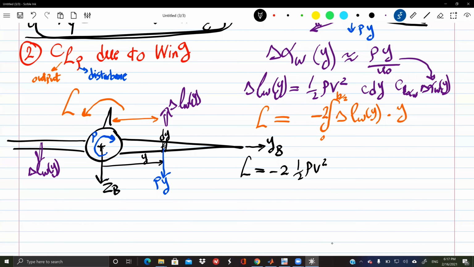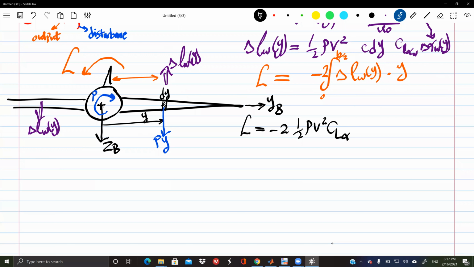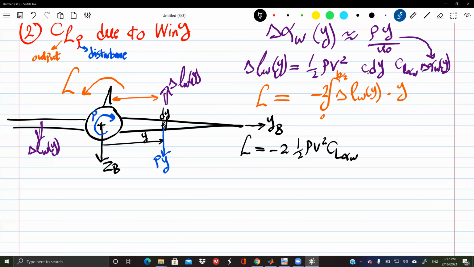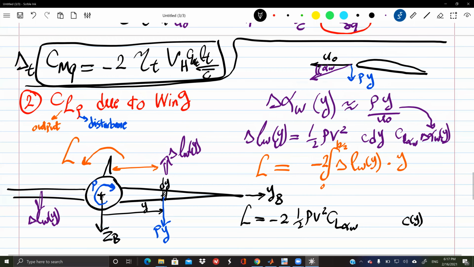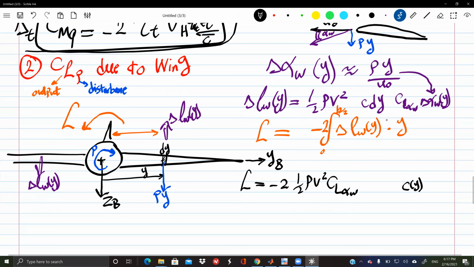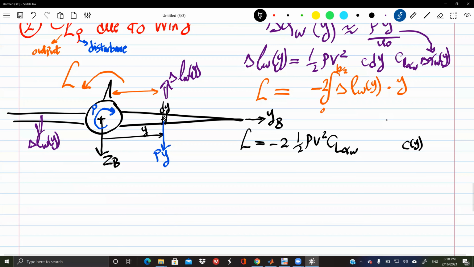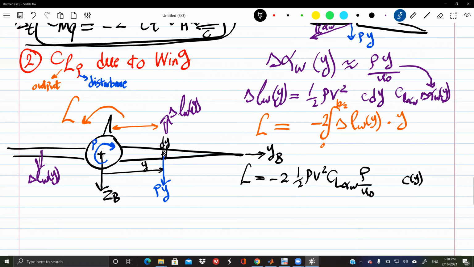CL alpha wing I'm going to get outside, and this now becomes large L because it's for the entire wing. What else? The chord, of course, has to stay inside because it's a function of y for a tapered wing. This is P y over u naught. P and u naught don't depend on y.